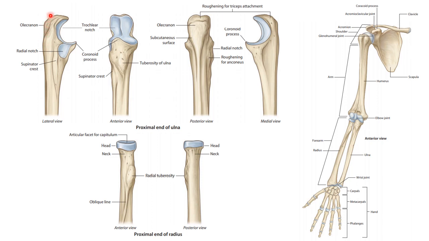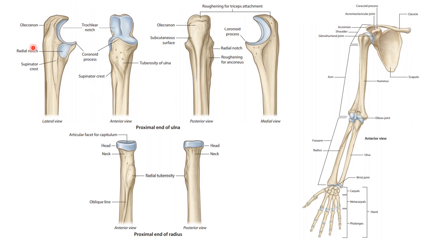At the superior aspect of this notch, there is a large bony prominence, posteriorly of course, called the olecranon. Actually, this part of the ulna is the palpable area at the tip of the elbow joint.